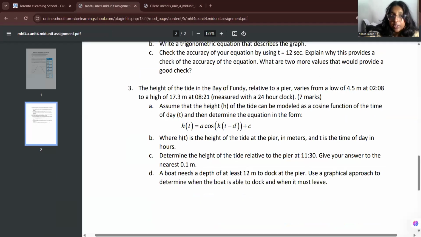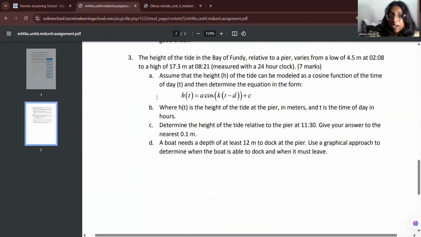Let's look at the third question. The height of the tide in the Bay of Fundy relative to a pier varies from a low of 4.5 meters at 2:08 to a height of 17.3 at 8:21, measured with a 24-hour clock.